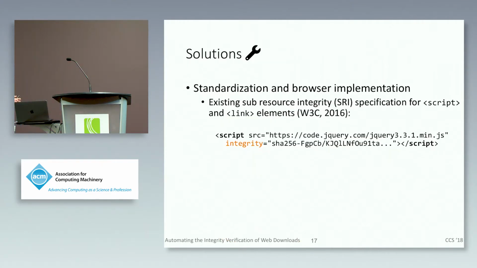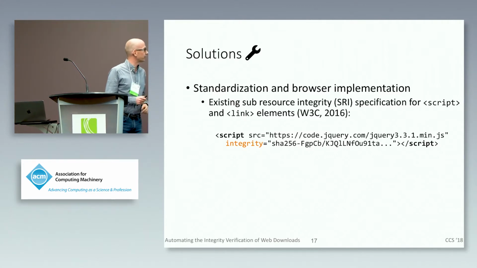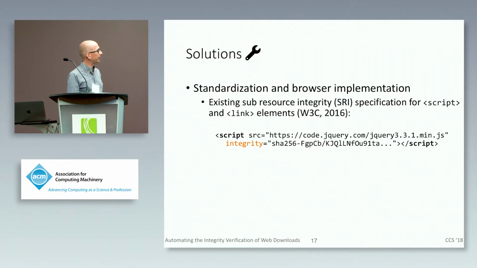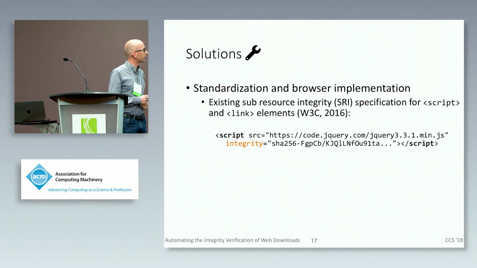So we came up with a number of solutions, but let's be clear, there is a solution that almost exists. There's this thing called Subresource Integrity, proposed by the W3C, the World Wide Web Consortium, in 2016, that allows the developer, in the HTML code of a page, to include an integrity attribute in the script and link elements, which refer to external JavaScript files and CSS files.